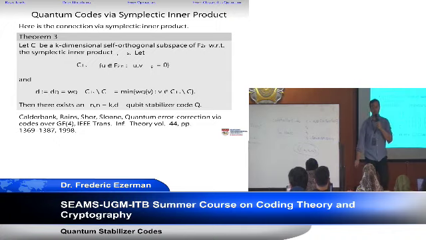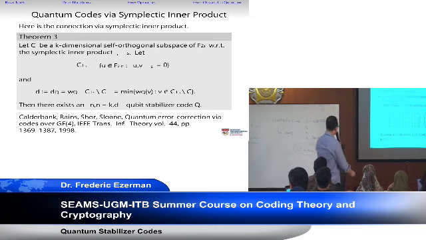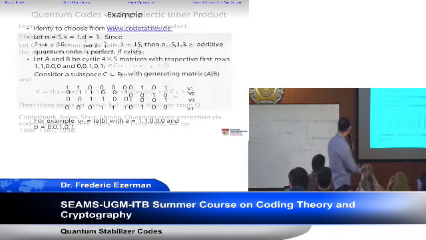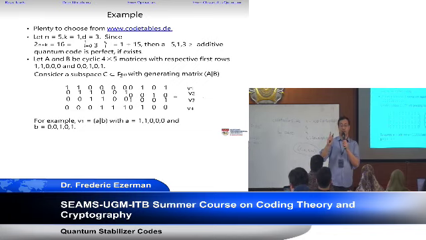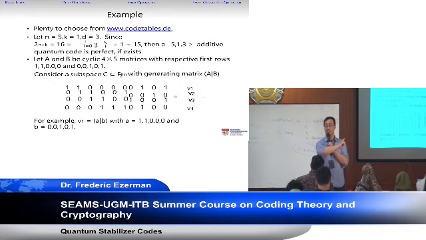Okay, so it's much nicer to look at the example live on the tables, and that's what I'm doing. You can check that all those vectors there, if you look at them as binary vectors, are symplectic. So if you look at it as a classical code, it is self-orthogonal under the symplectic inner product.